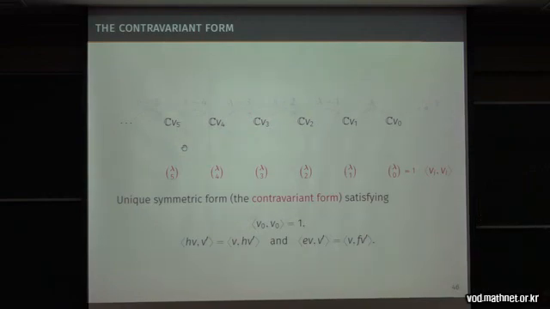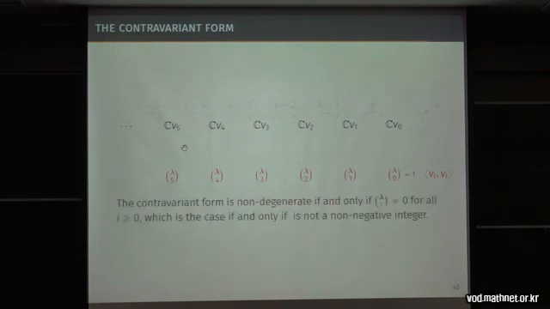Now we notice something kind of remarkable. One of the things that we notice is, when are all these guys non-zero? They're non-zero precisely when lambda is not a non-negative integer. Which is precisely the condition that we've seen before. So that tells us that maybe something interesting is going on.